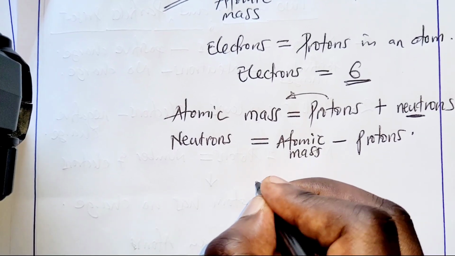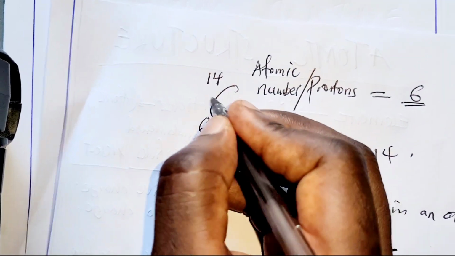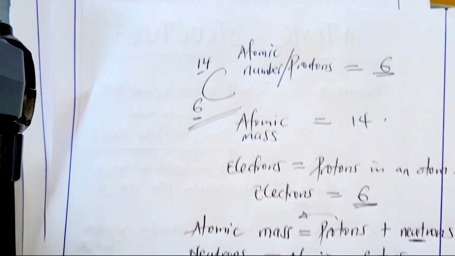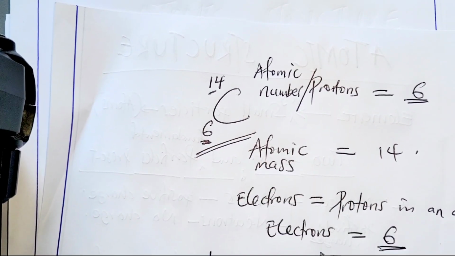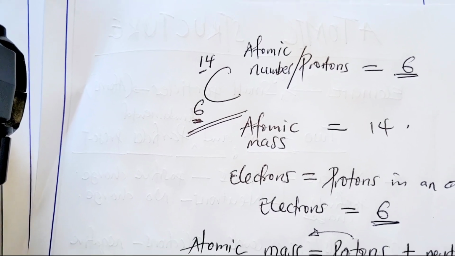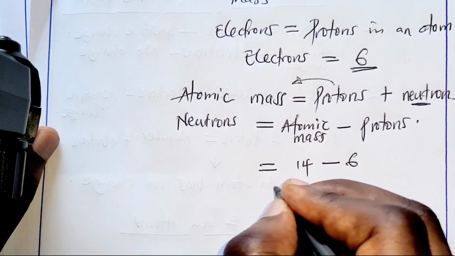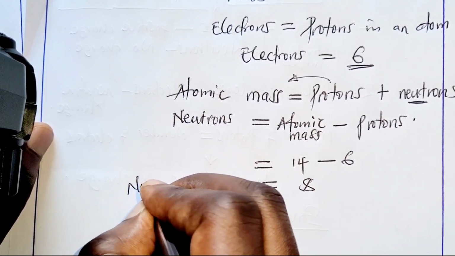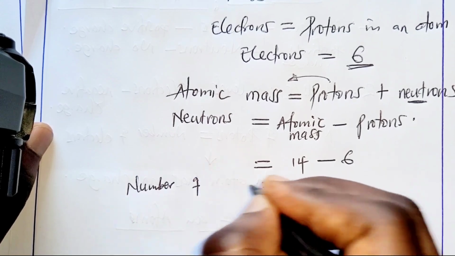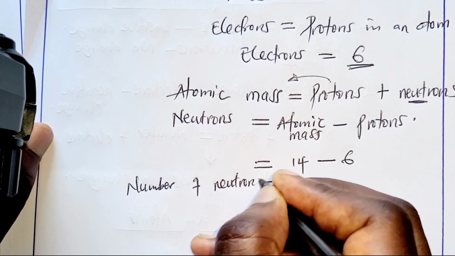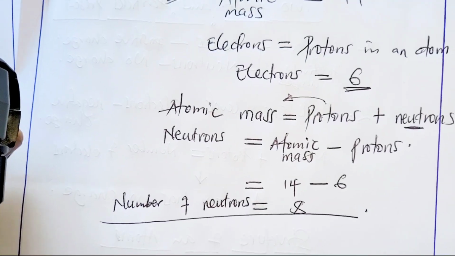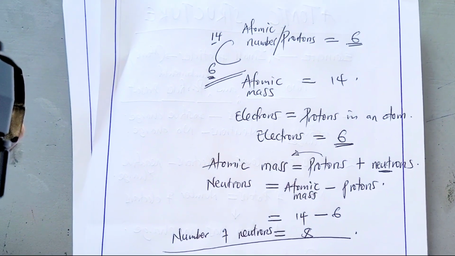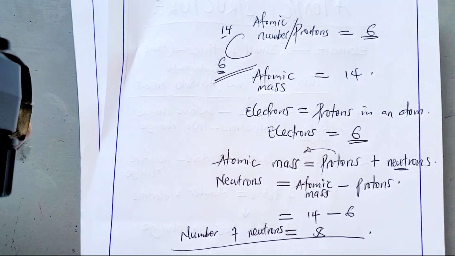Atomic mass was given from this number here, which is 14. And then the number of protons was also given from down here, which is the same as atomic number, just like we agreed, which is 6. And this gives 8. So the number of neutrons equals 8. So it is very simple to calculate all this, and that's how it can be done.